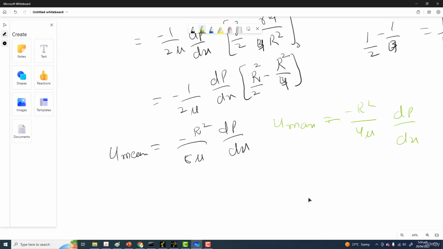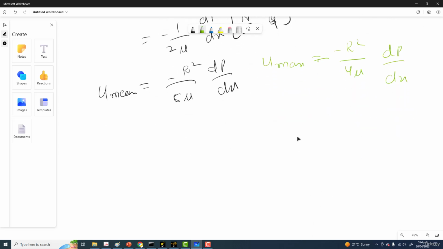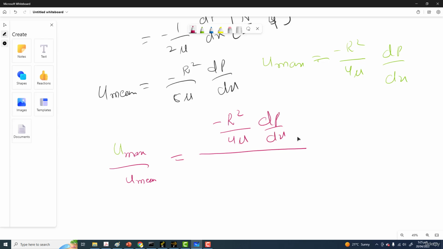So if we divide the u maximum by the u mean, what you get here is that u maximum upon u mean is equal to minus R square upon 4 mu dp by dx over minus R square upon 8 mu dp by dx.